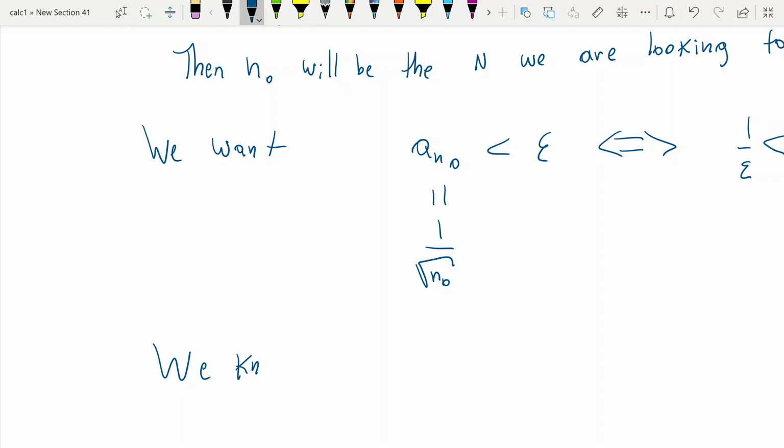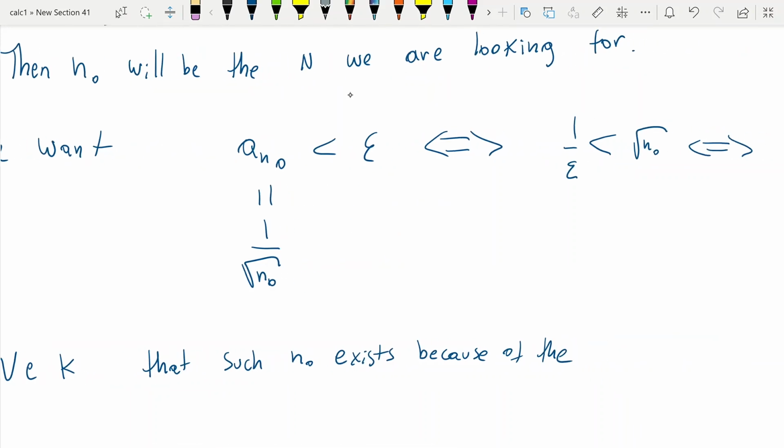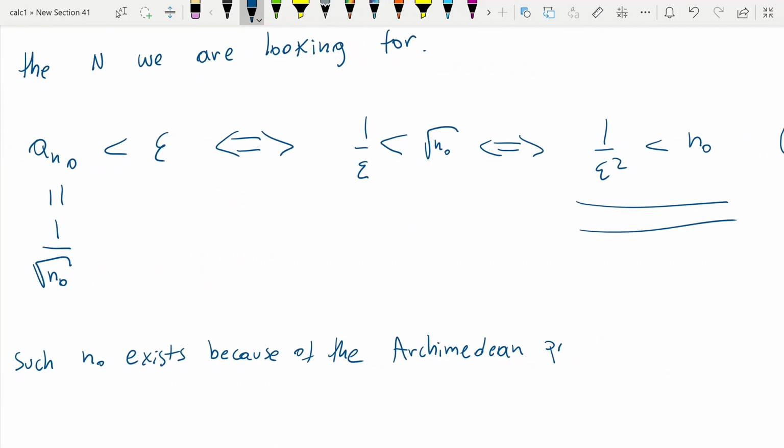So we know this is the Archimedean property.